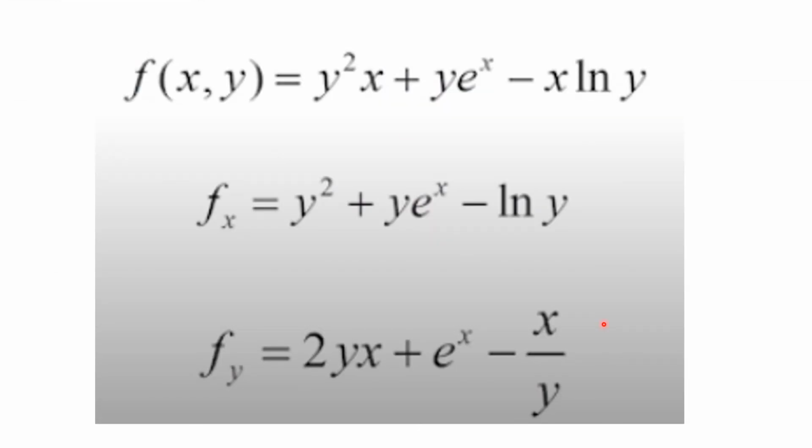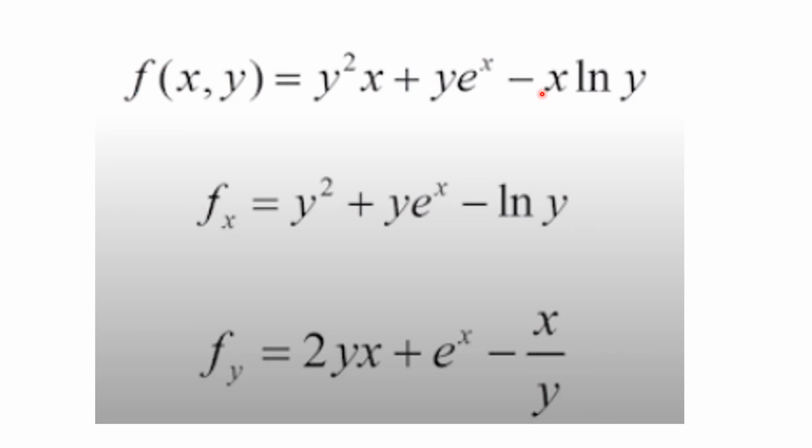Let's do an example. Suppose z equals f of x, y equals y squared x plus y e to the x minus x natural logarithm of y. So this is our z. If I take the derivative with respect to x, I assume that y is a constant. So I'm only taking the derivative of x. So this is the constant y squared times x, plus y times e to the x, plus the constant ln y times x.